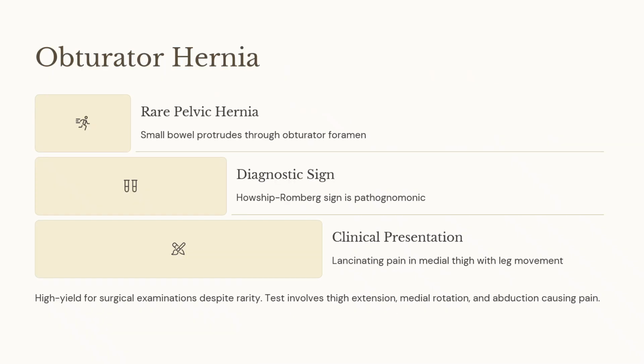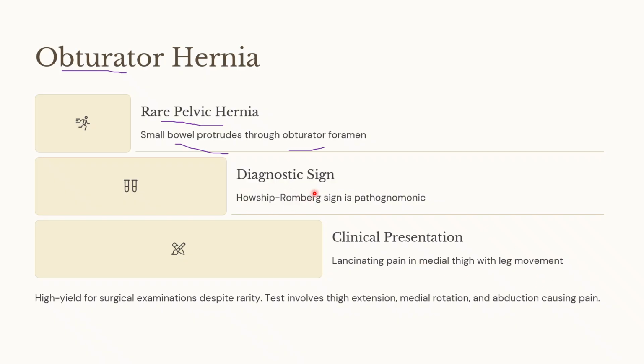What about obturator hernia? Obturator hernia is a rare pelvic hernia where the small bowel will protrude through the obturator foramen. Since it protrudes through the obturator foramen, there will be lancinating pain in that region, which is present in the medial thigh with leg involvement.